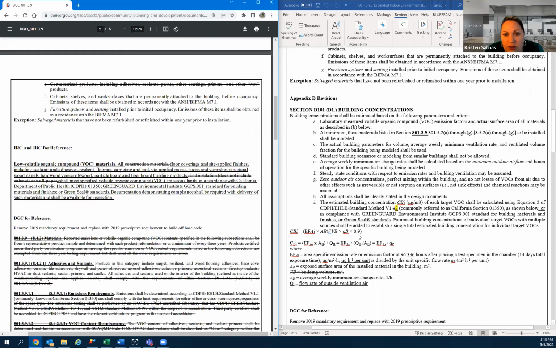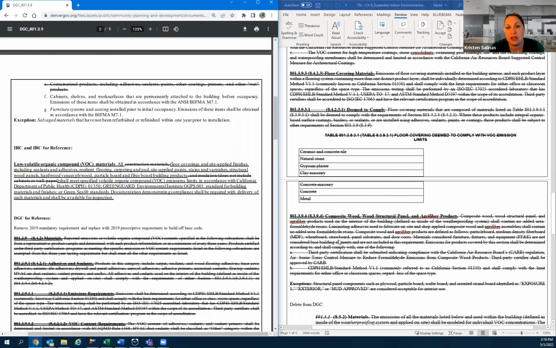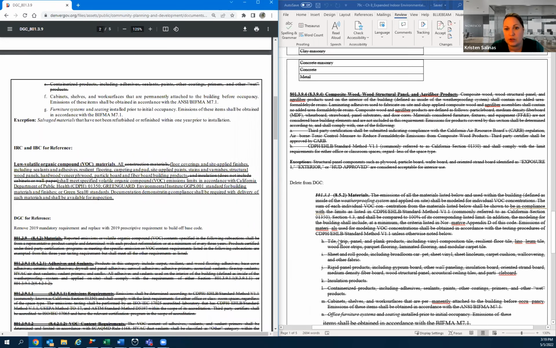We also updated the language so that it's more contained, so we're not repeating the same information three or four times for each material category. That's why there's probably so much crossed out. We just tried to simplify the language so it pertains to all of those categories, and we don't list the emissions requirement four times.